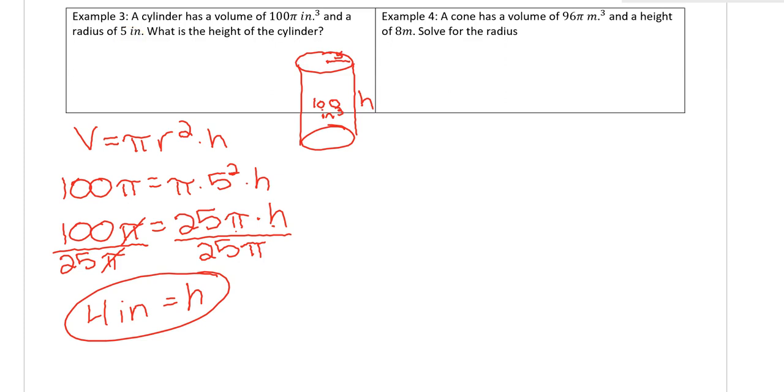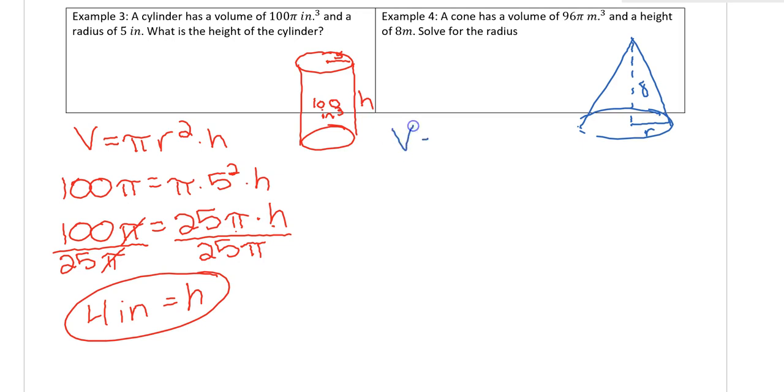All right, let's look at our second example. A cone has a volume of 96 pi meters cubed and a height of 8 meters. Okay, so my cone, remember, meets at a point. I know its height is 8. So I want to solve for the radius.